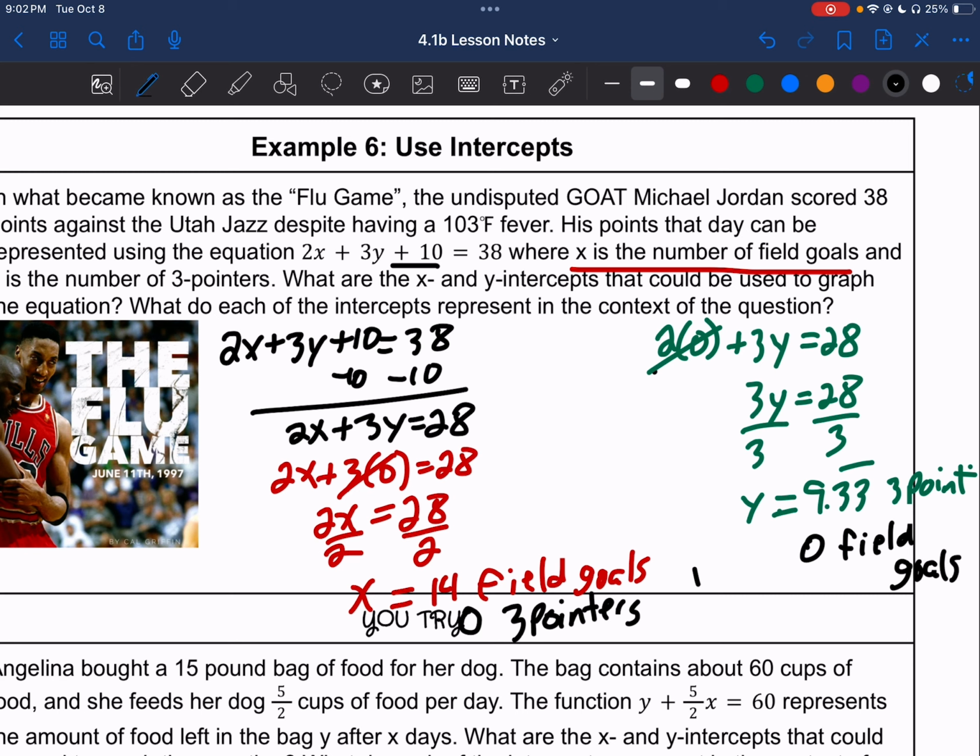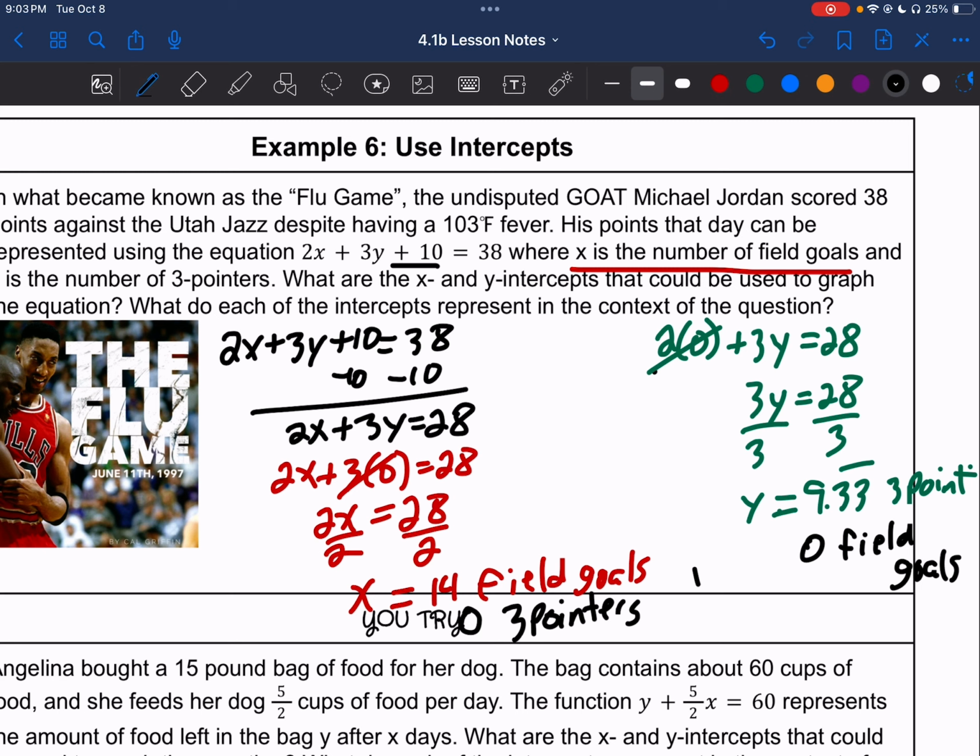So when we're looking at intercepts, we're really identifying, if we have everything happening with one side of the variables, what would we get? And if we had everything happening with the other side of the variables, what would we get? So 0 field goals would result in 9.33 three-pointers. Now, do we know that to be true?